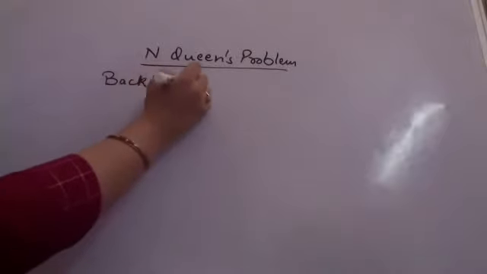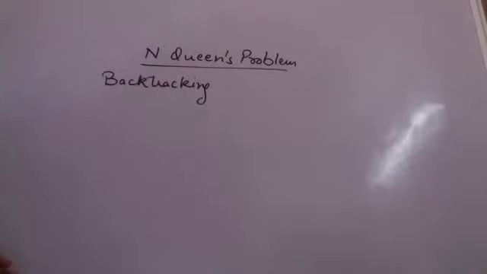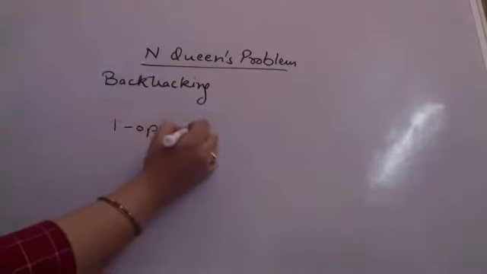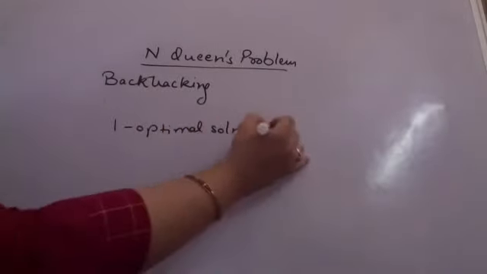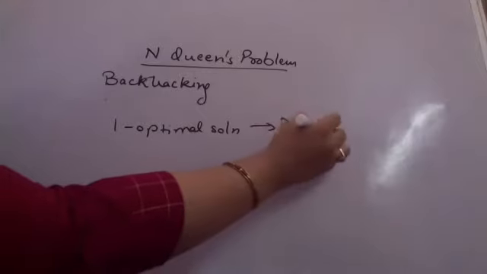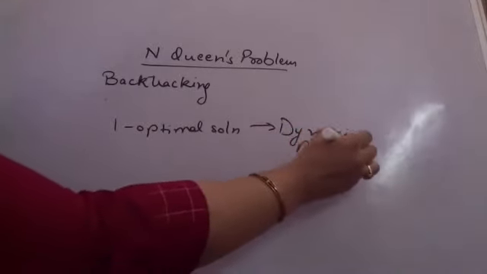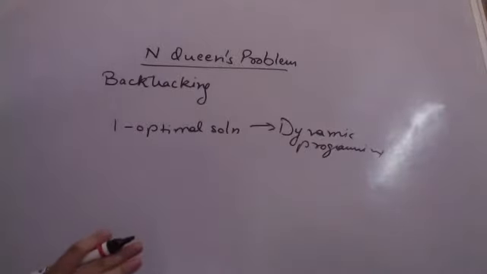Now, when do we use backtracking and when do we use dynamic programming? In case I'm looking for one optimal solution out of the total possible solution space, I will be using dynamic programming. In case I am looking at all the possible solutions I want to get, whatever there are possible, in that case, I will be using backtracking.